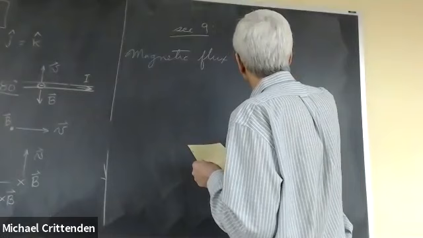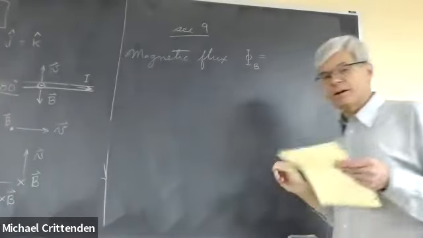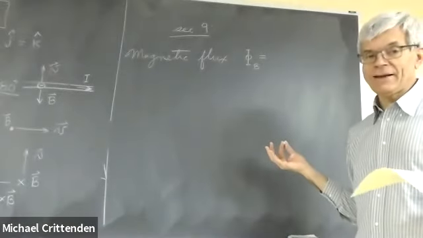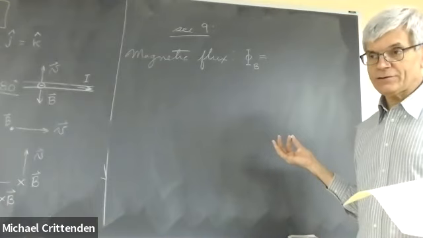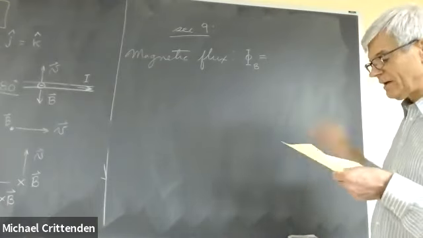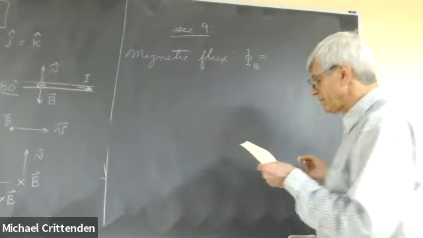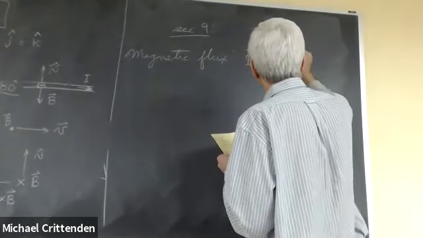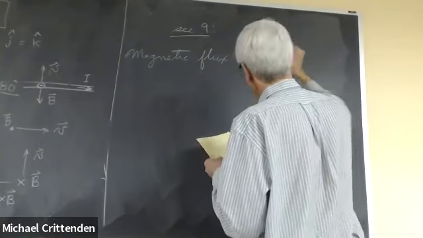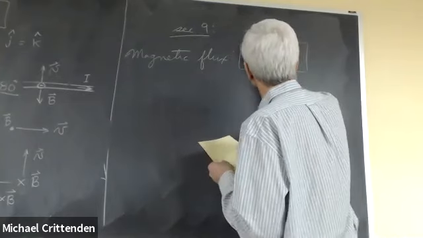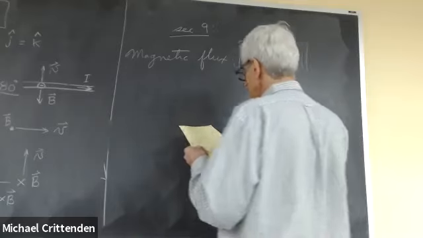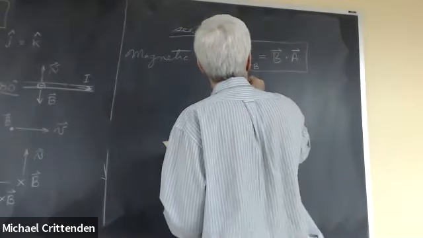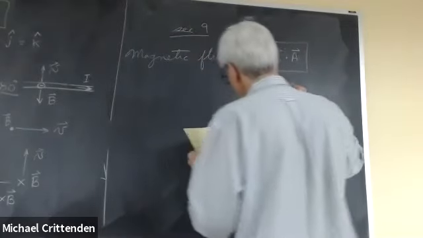Put a B subscript on it for magnetic, but quite often you can tell by the context whether you're talking about electric flux or magnetic flux. So a lot of times I might leave the subscript off. Assuming a constant field, it's B dot A. The unit that flux is measured in is called a Weber.